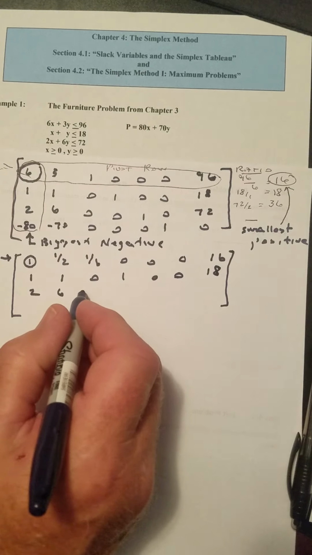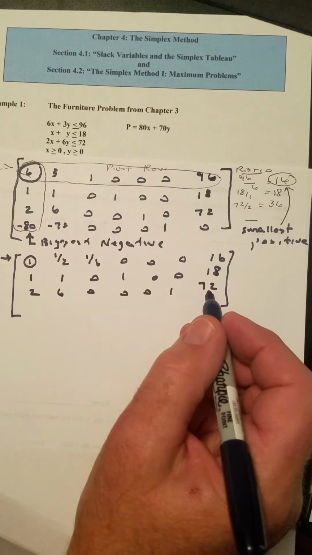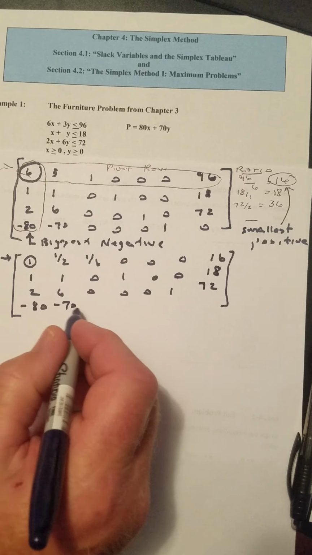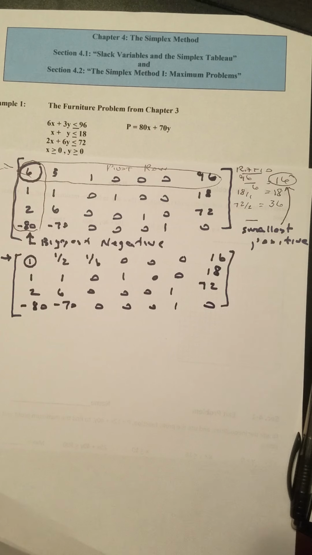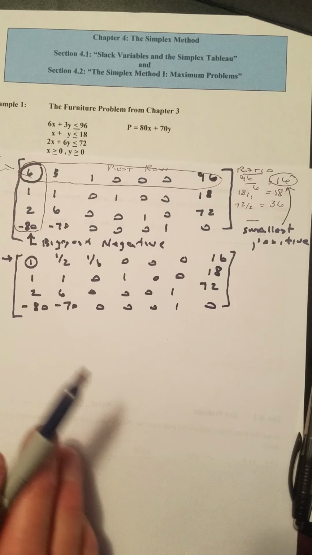Row 3 stays the same. We did all that to get a 1.